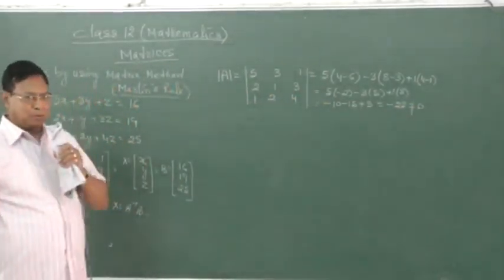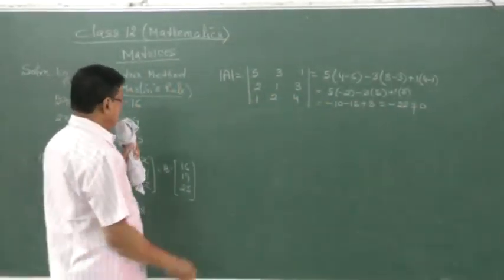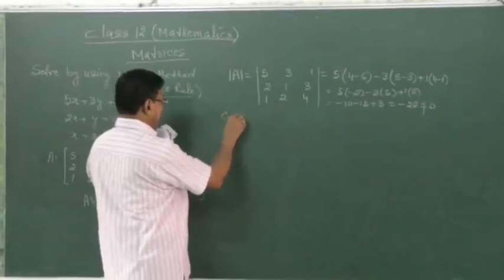So that's not equal to 0, so we can find A inverse. We go by the cofactor matrix.